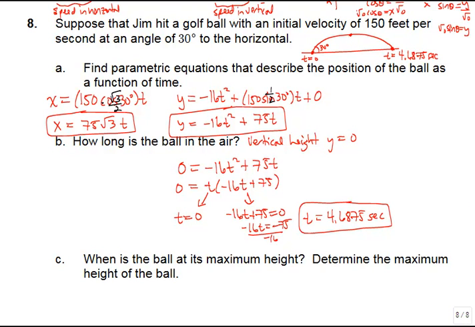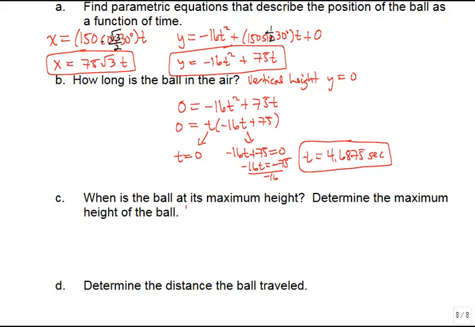So one way to solve this problem would be to find the vertex of this quadratic, -16t squared plus 75t. And we have a formula for that. To find your vertex, you use minus b over 2a. And this is normally what our x coordinate would be, but in this problem we're not using x's, we're using t's.